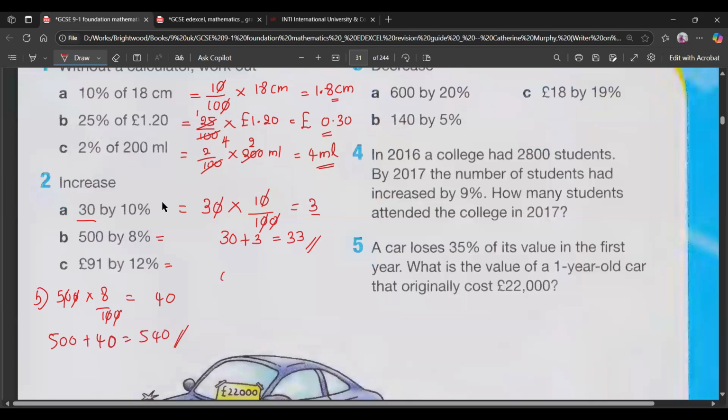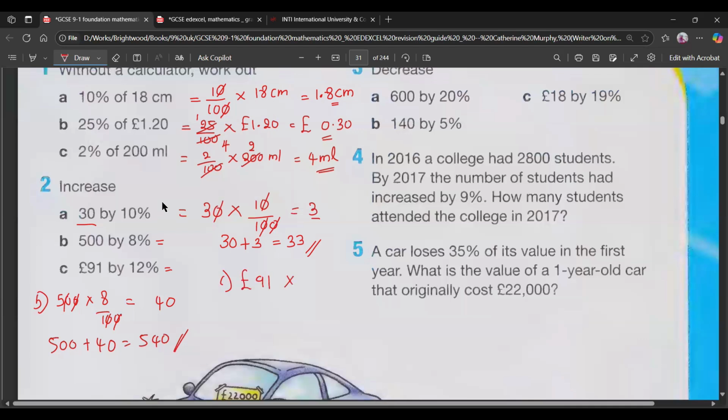So here, the third one: 91 euro by 12%. So how to cancel here? If I cancel by 4, this one 3, this one 25. I did 91 divided by 100. It is easy to divide by 100, no?